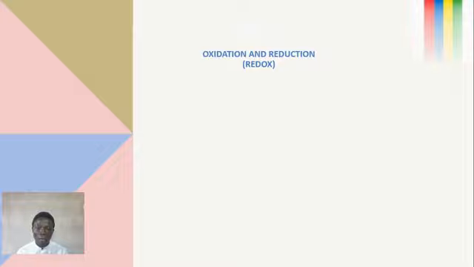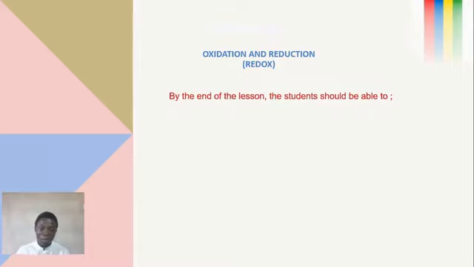Without wasting our time, by the end of this class, you as a student are expected to be able to define what oxidation is and what reduction is. You should be able to state the definition of both.